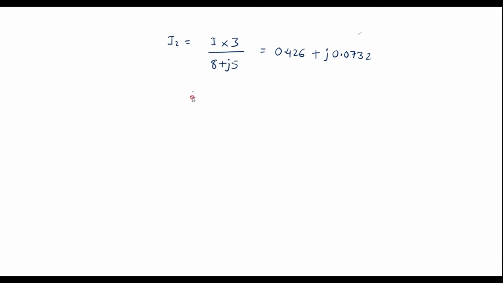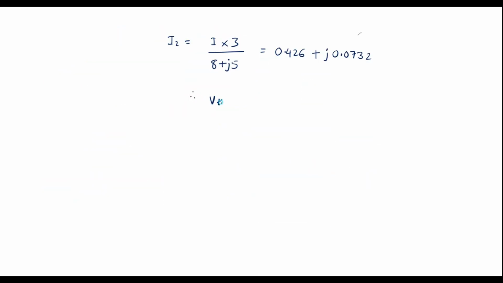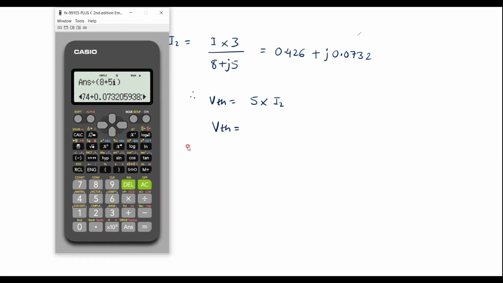So therefore now I can find VTH easily, that is VTH is equal to 5 into I2. Let me calculate this. This is I2, it is multiplied with 5.